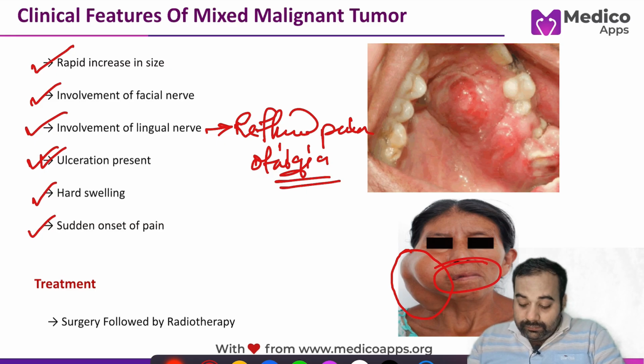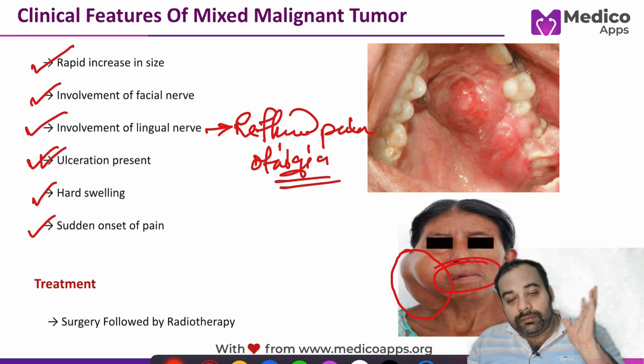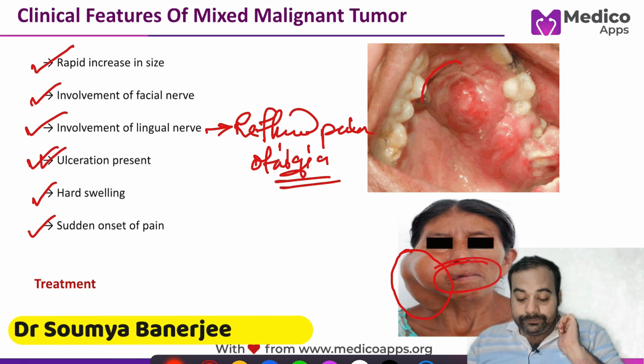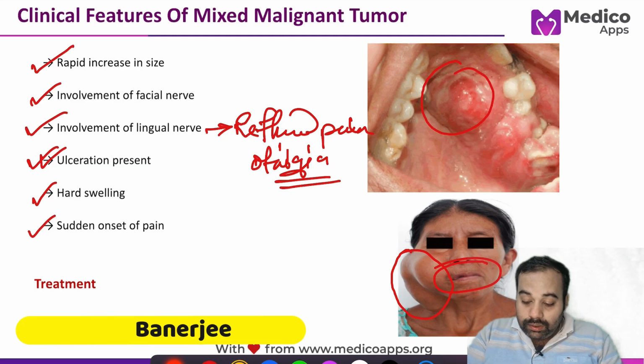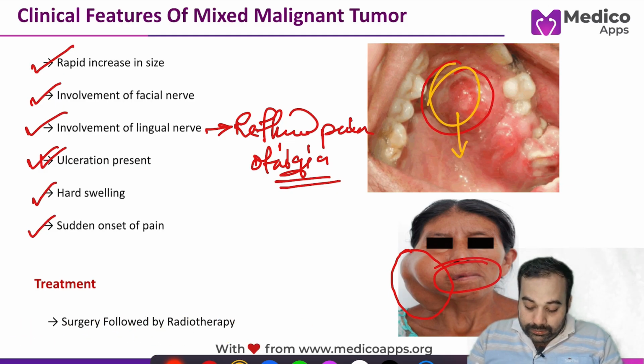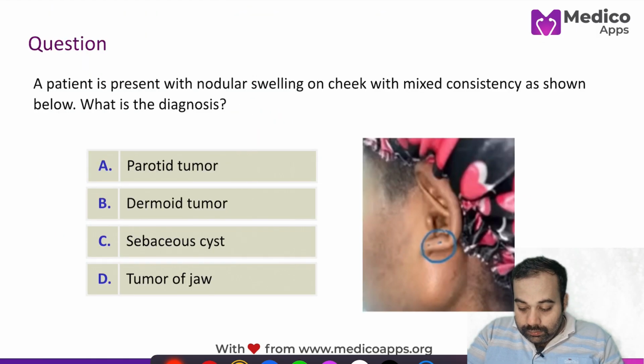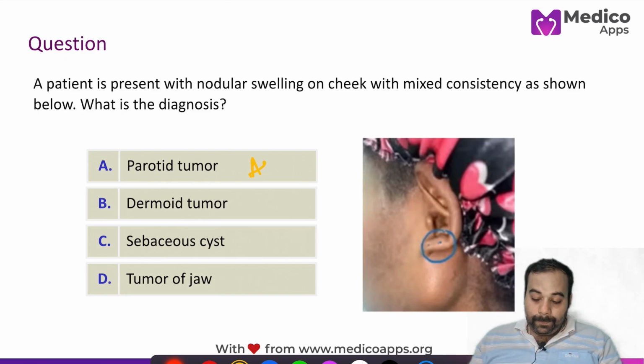Now, the problem is that it will also involve the lingual nerve, from there is referred otalgia, and there is an intraoral extension as well. Intraoral extension. So, this is your intraoral extension. Okay. So, option A is going to be your answer.